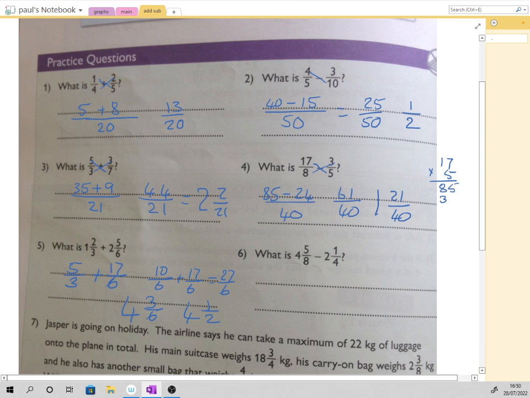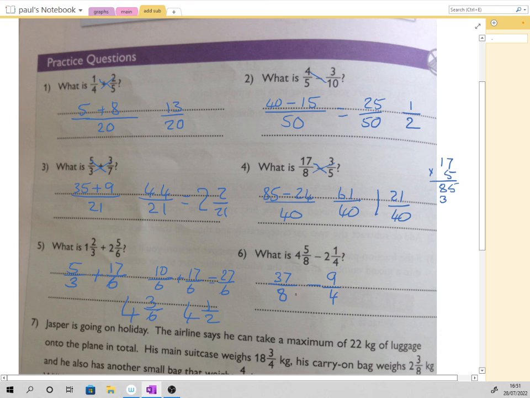This one. Right, 8 times 4 is 32 plus that is 37 over 8, minus 4 times 2 is 8 plus 1 is 9 over 4. Again, I'm going to do the same thing as I did with this one. I'm just going to double this to save, because if I do 4 times 8, I get 32, and then I've got to do 4 times 37 and 8 times 9, and the numbers get a bit unwieldy, a bit big.